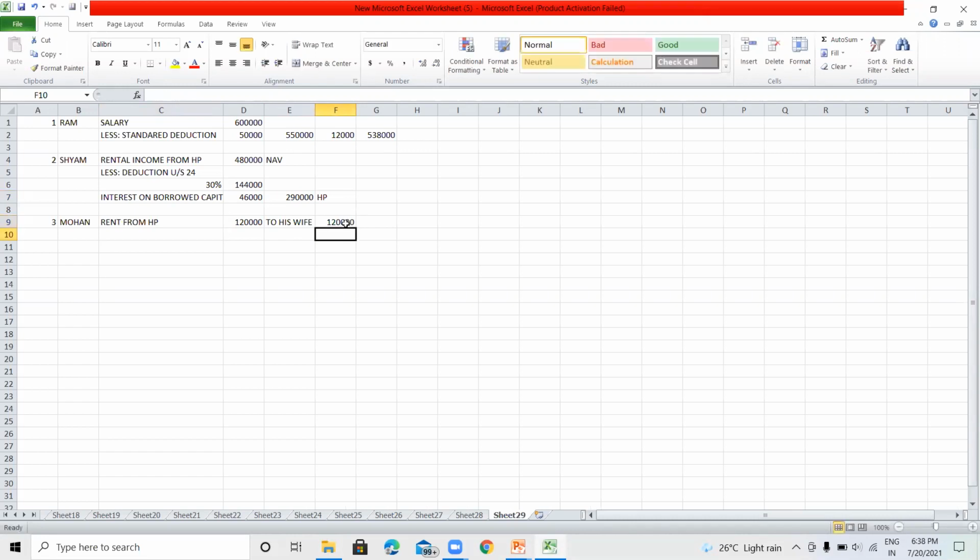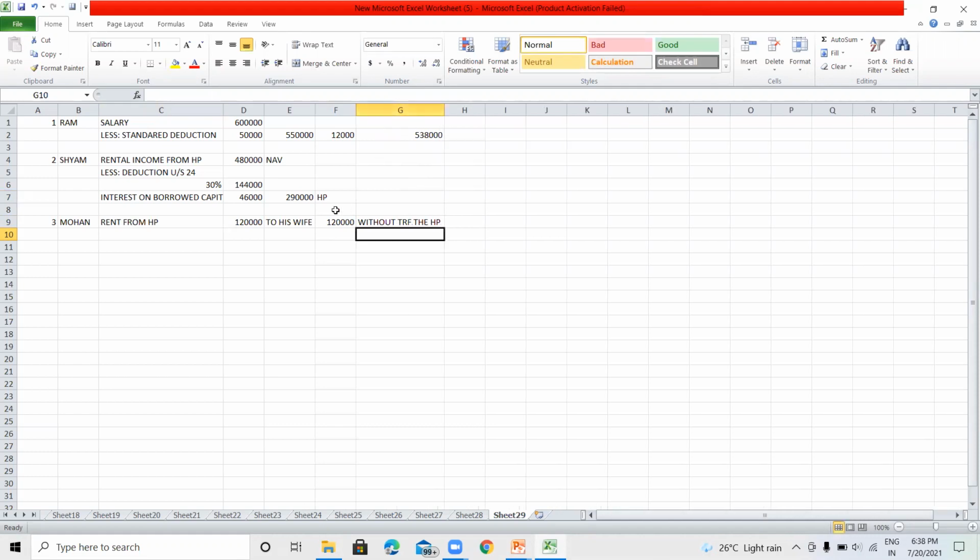But 1,20,000 will be considered the income of Mr. Mohan, because he did so without transferring the house property. So in this situation, such 1,20,000 will be clubbed. It will be taxable in the hands of Mohan only.